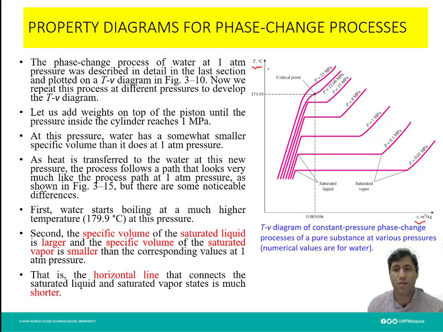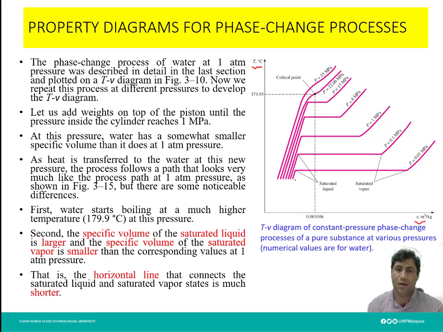First of all, this TV diagram, we have already developed this diagram for that process, which I told you about, the piston and cylinder. This is the TV diagram again.